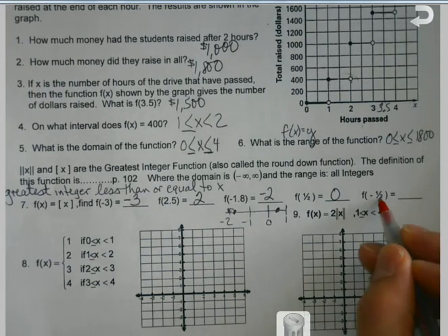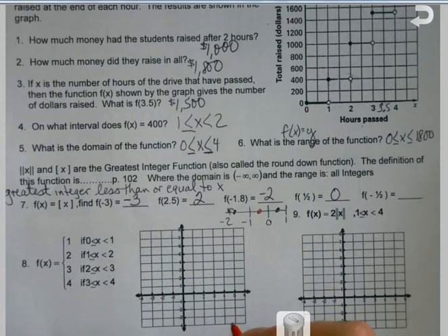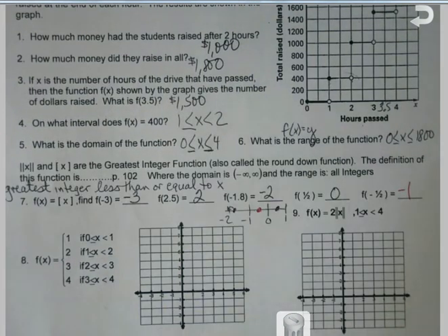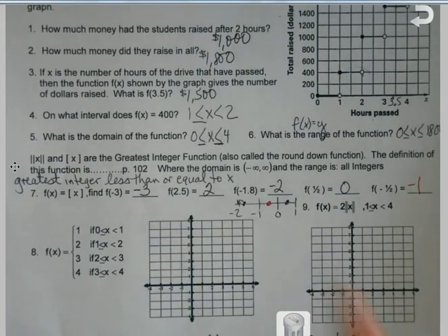Yep, because if we're at f of -1/2, what's the next number to the left? -1. Because that's the next integer that's less than my x value, less than my value in the parentheses. Okay, so if you're ever in doubt, make yourself a quick number line and then draw it and then go, okay, I want the one to the left, because that'll be the easiest way to get there every time.